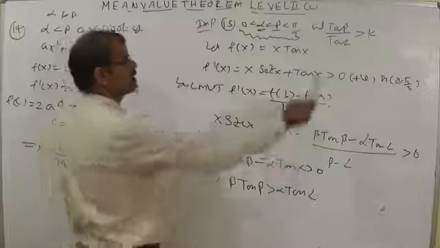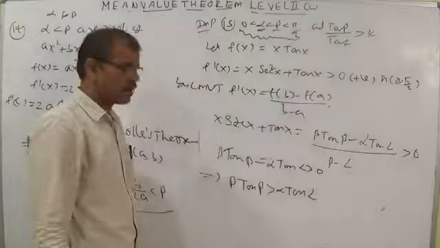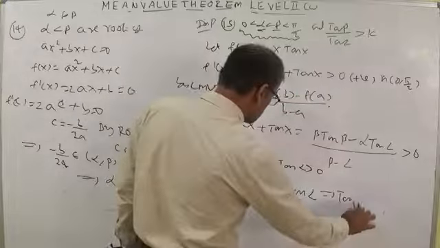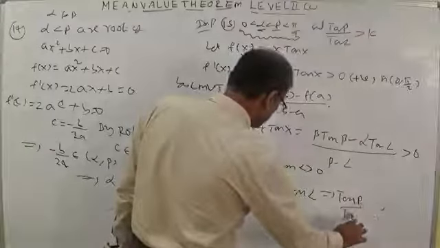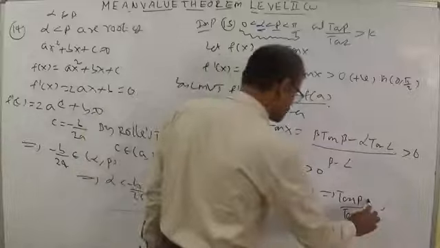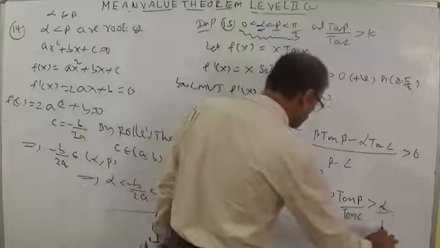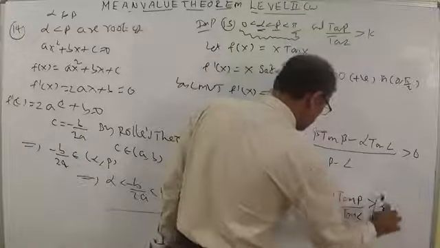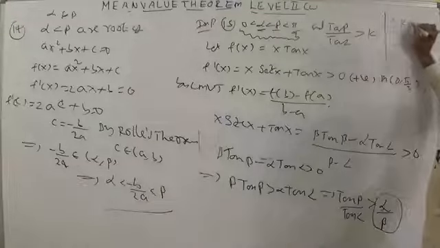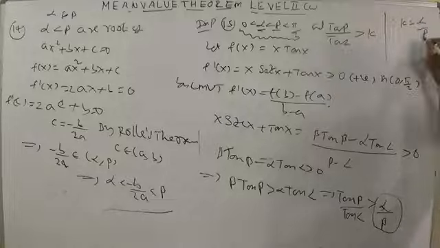Whatever he is asking, tan beta by tan alpha: taking this one to this side and that one to that side, it is greater than alpha by beta. Put a box here. Therefore, we conclude that k is equal to alpha by beta.